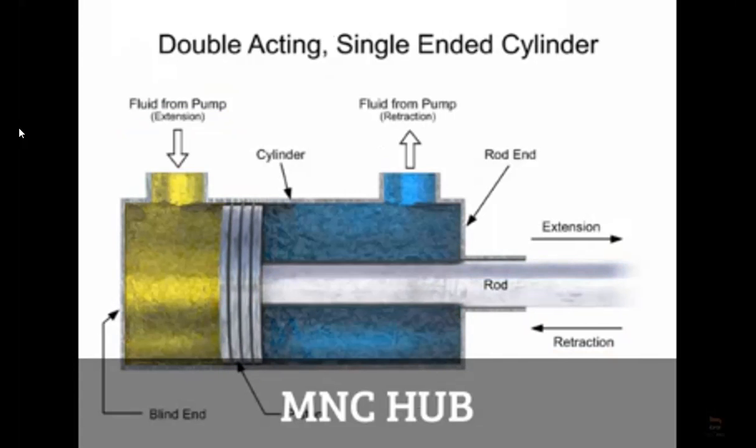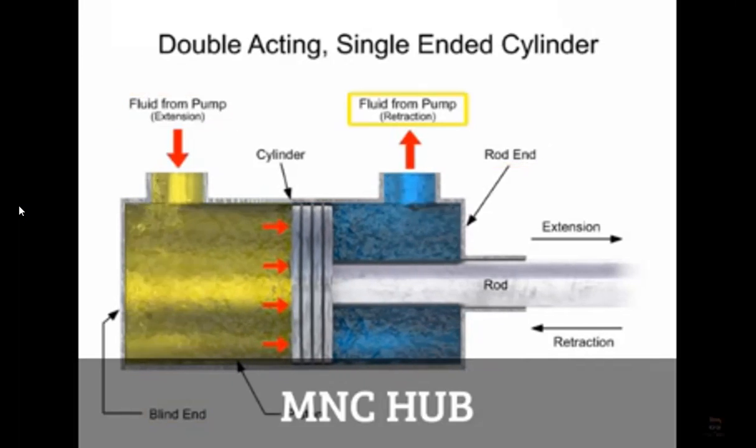A double-acting cylinder is a cylinder in which fluid acts on both sides of the piston. This type of cylinder can produce linear motion in two directions. A double-acting cylinder has two fluid ports, one on the blind end and one on the rod end. A directional control valve sends fluid through the blind end port while venting fluid out the rod end port back to the tank.